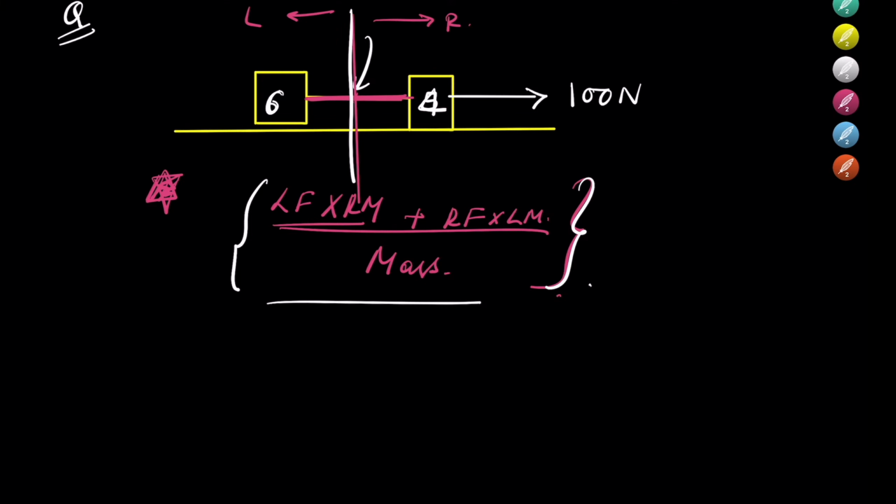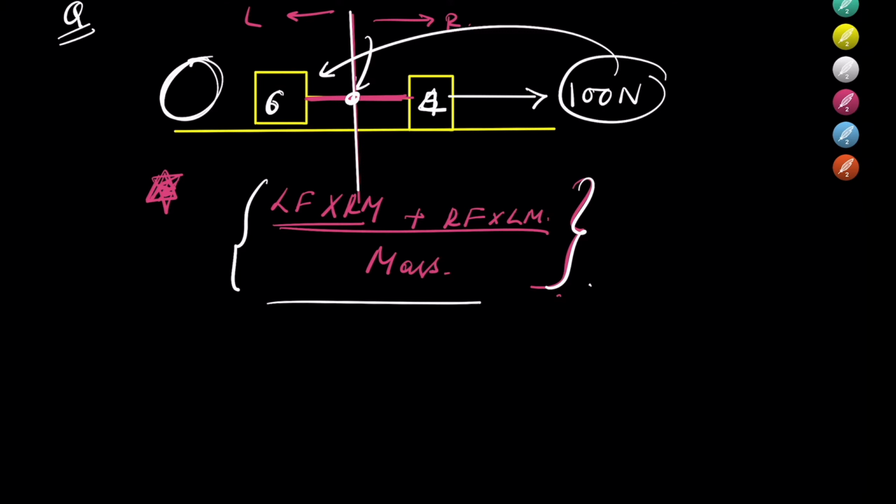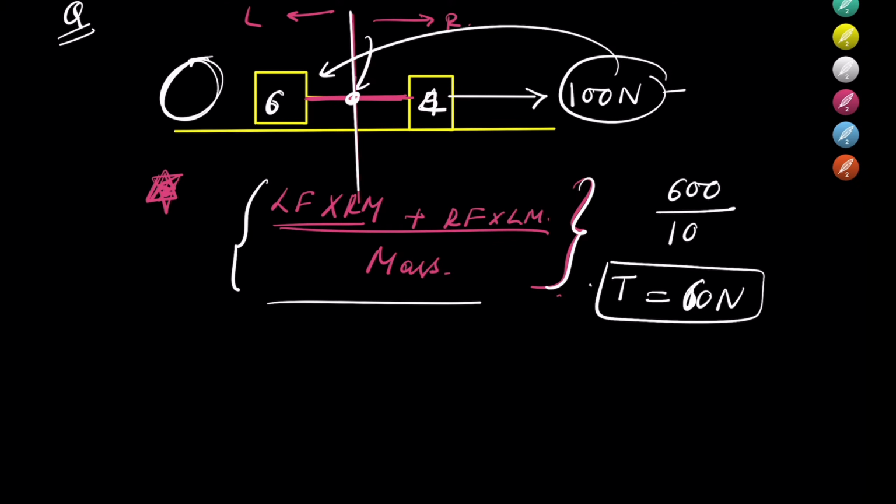So let's see directly the calculation of tension at this point. Here left force, no force is there, so 0, right mass 0. Now right force 100, left mass 6. So how much will you get? 600. Right force into left mass divided by total mass 10. So the tension in the string between the blocks will be 60 Newton.